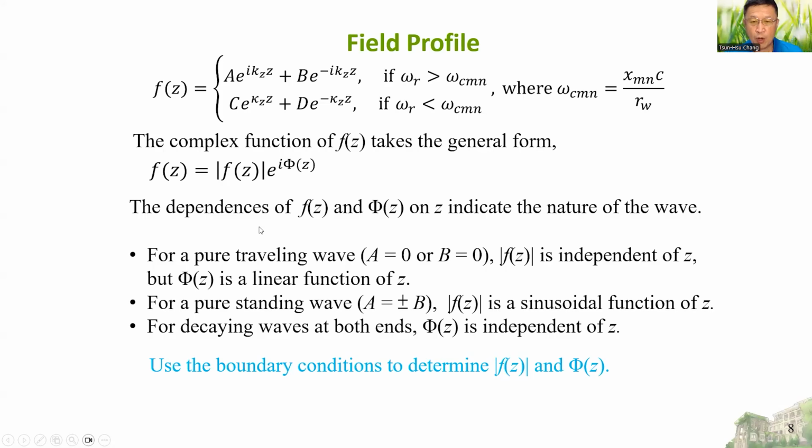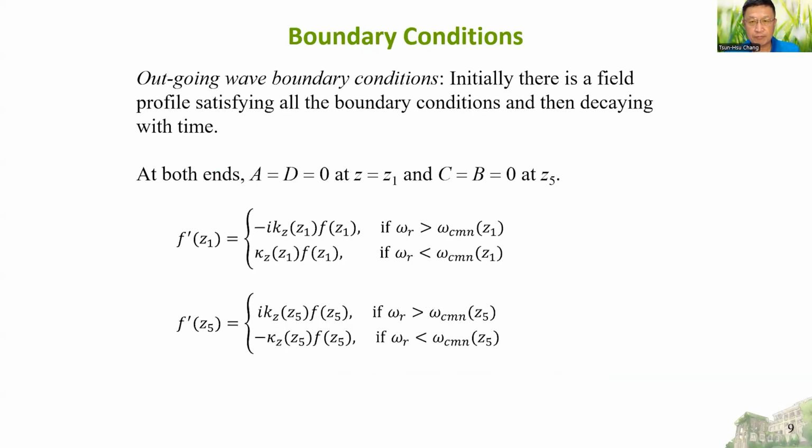We already used the boundary condition on the side wall, but remember we have two more, upstream and downstream, the left-hand side as well as the right-hand side boundary conditions. So what kind of boundary condition should be employed?